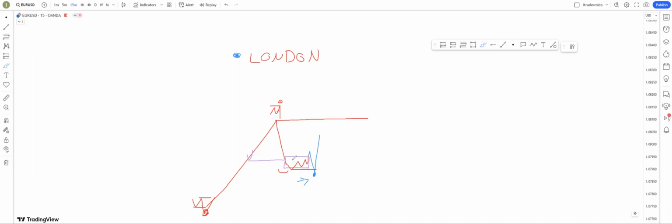Right, so that's the main thing I will look for in the London session. Now, obviously, if you understand that in the actual structure, this high right here will be a QM, you can just take re-entries throughout this structure right here until the Asia low gets hit. So that's a nice confirmation if you want to ping pong inside of the day.